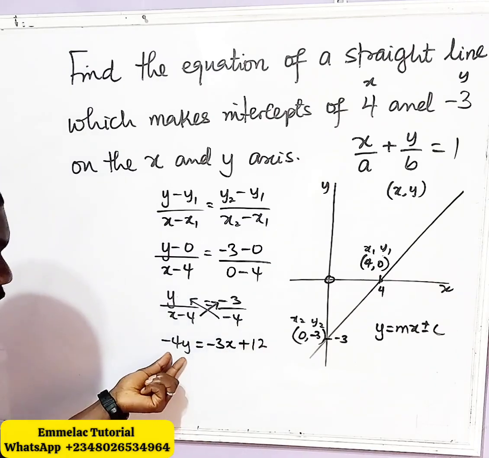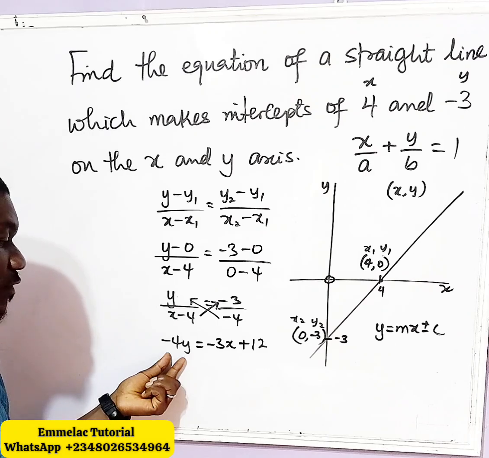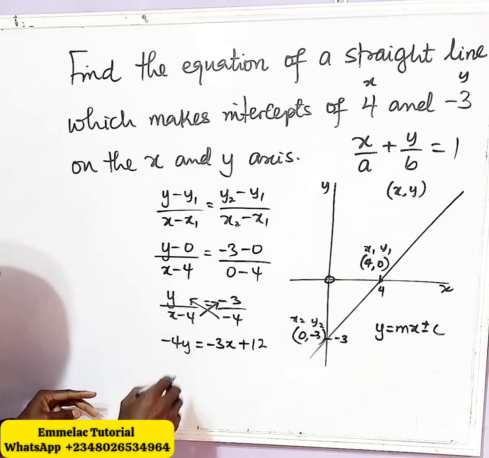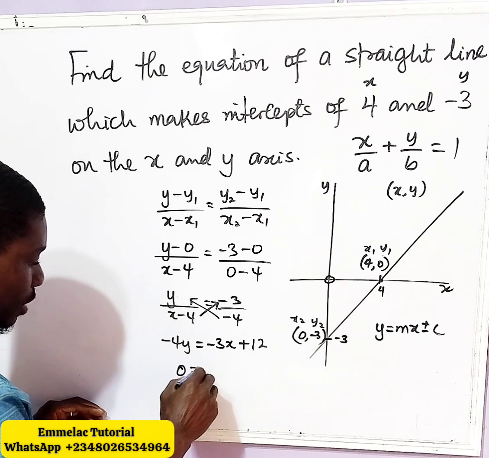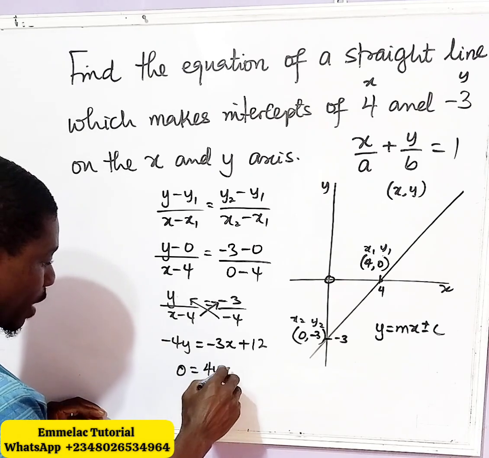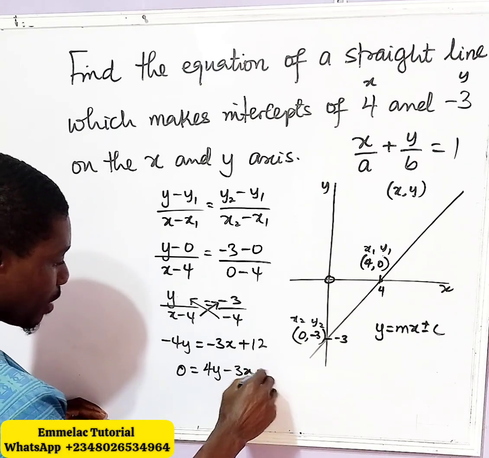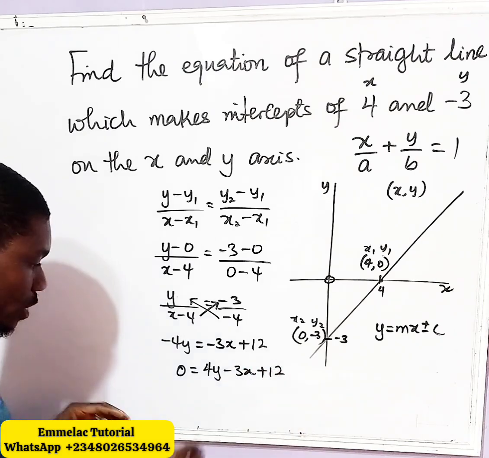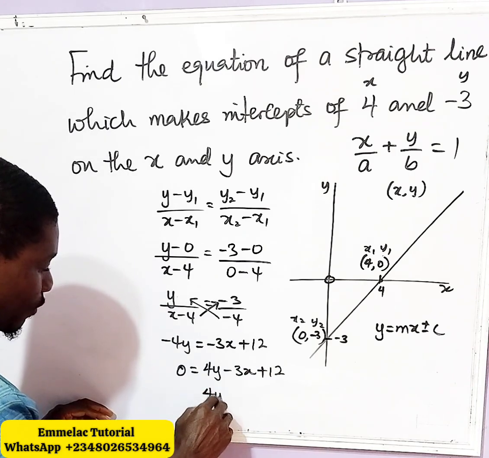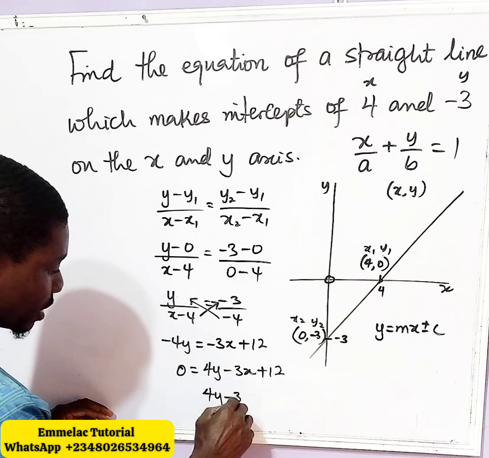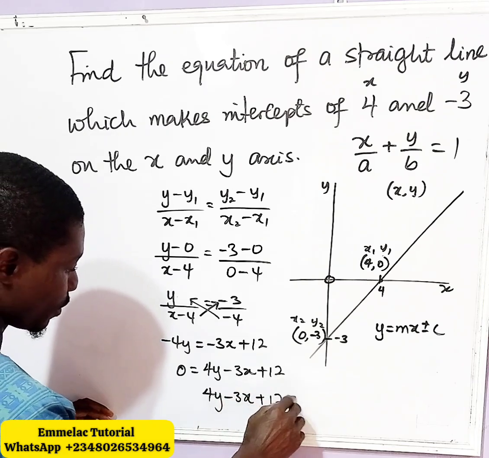Now if you bring negative 4y to the right hand side, we have 0 equals 4y minus negative 3x, then plus 12. So it's simply 4y minus 3x plus 12 equals 0.